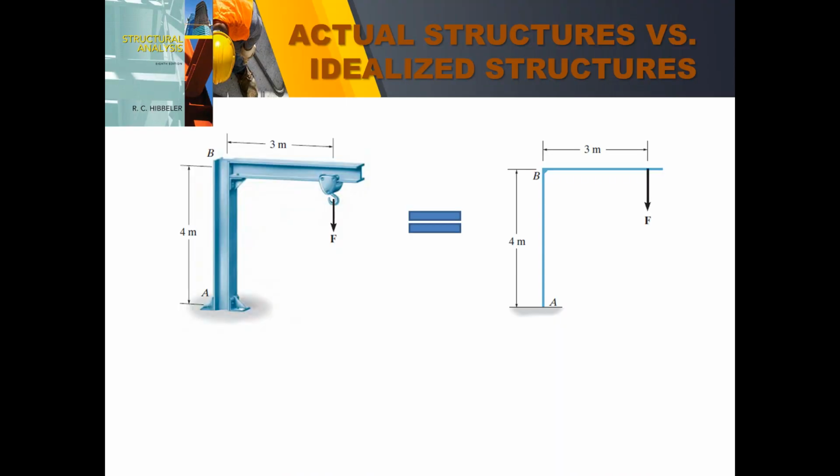I think you have already known this. As an example, we have here a cantilever steel section connected to the column. Of course, basically, that will be represented by a framing system.